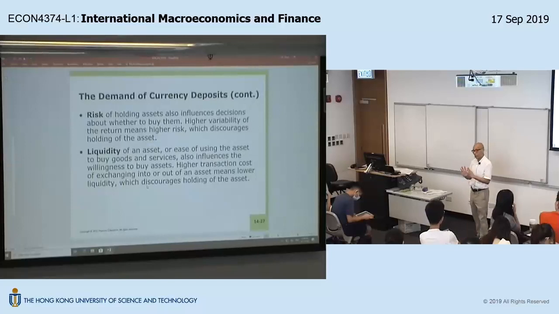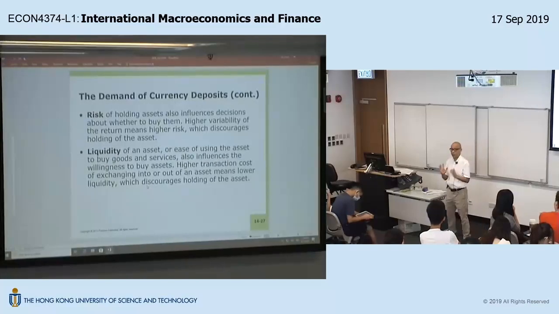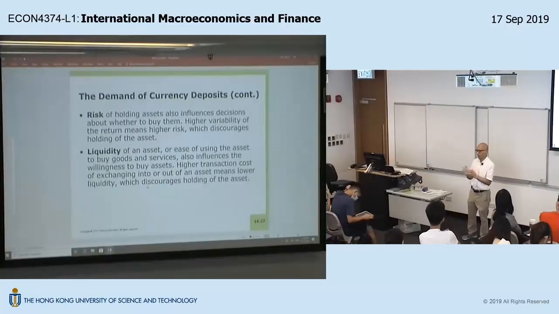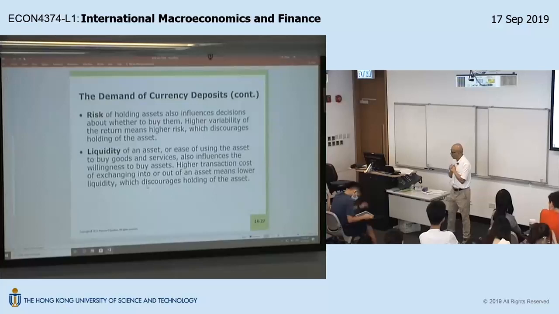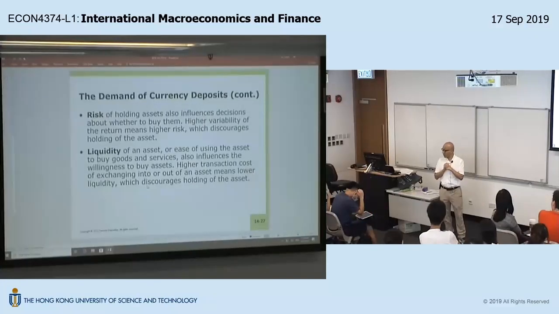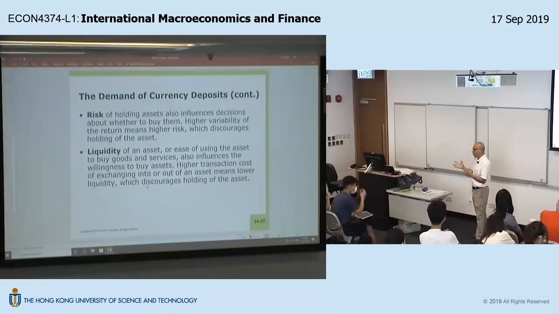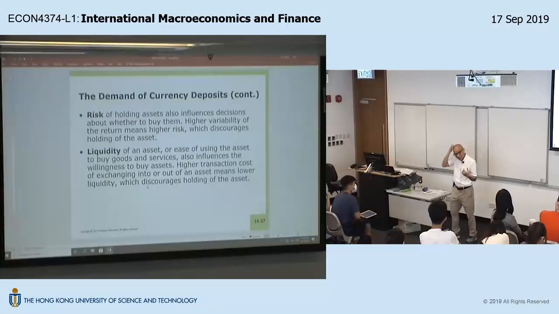So I will have to compare whether this is a better deal than just putting my Japanese yen in a Japanese account and earning interest. That is the thought experiment, very simple mathematics.